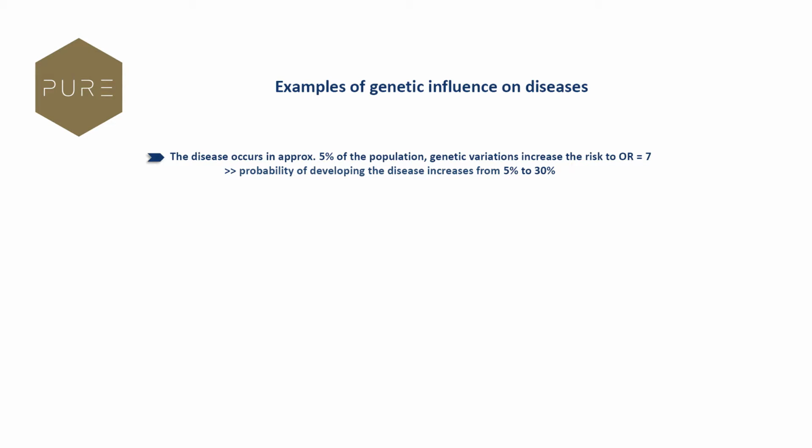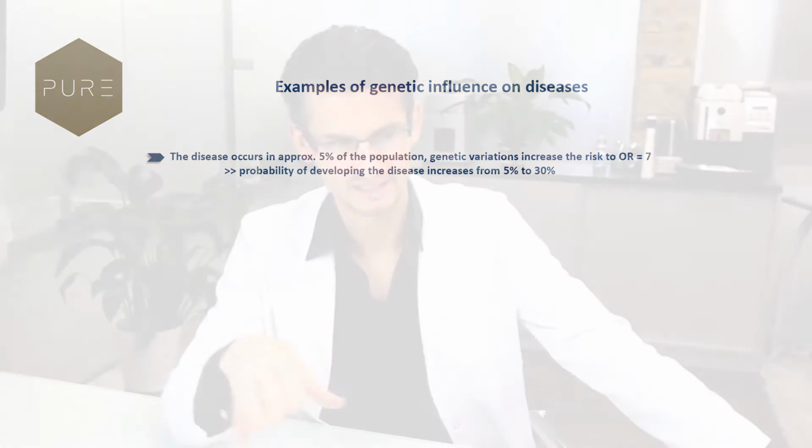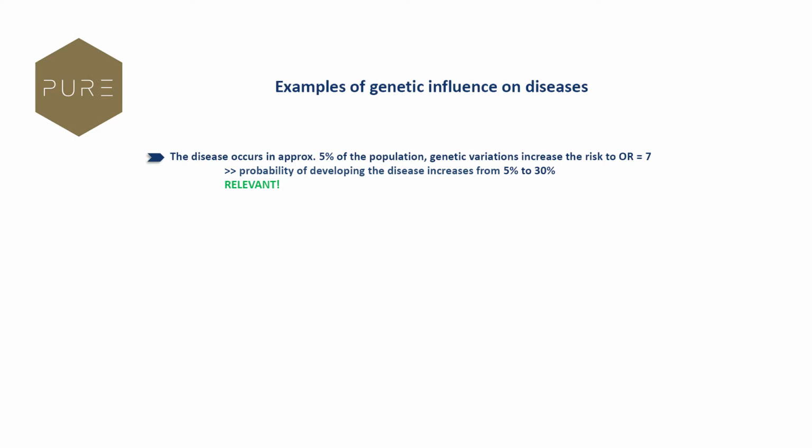The probability is increased from 5% to 30%. Now, you might calculate that 5 times 7 is not 30. This is because the calculation is a bit more complicated, but really the probability of developing the disease increases to 30%, and if there are preventive measures, it might make sense to use them if you have a high risk. So this is a relevant kind of genetic test that you could do.